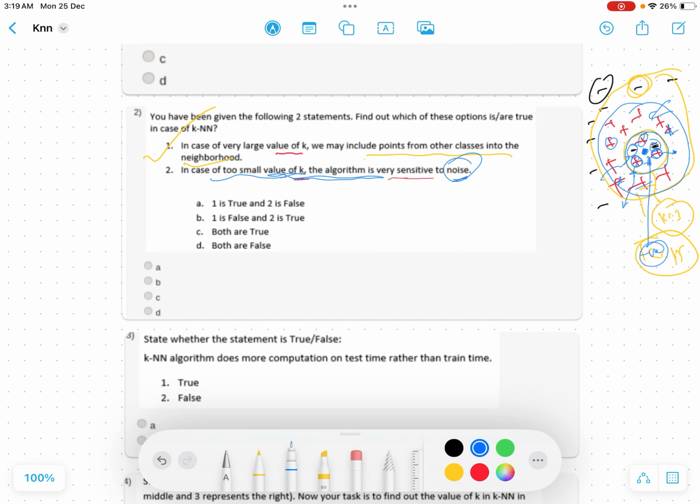So even with a few noisy points and some variation, ultimately the test point is going to be classified as positive. But with a small k, if we have some noise and variation, then the classification is going to be wrong. So that is the overall point. That is why this statement is also correct, and you can say that both are true.